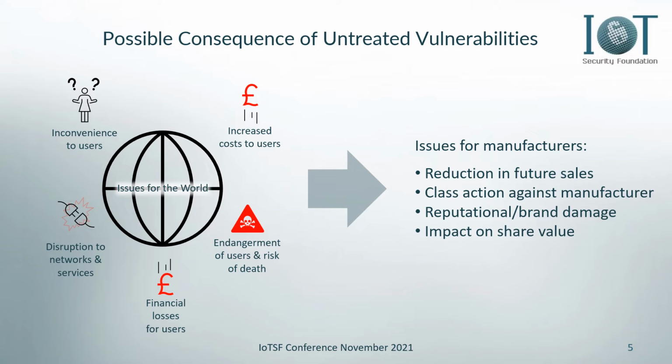But the knock-on effect from these for the manufacturer could be reduction in future sales, class action against the manufacturer, reputational or brand damage, and impact on share value. If you consider the high street both inside and outside the consumer electronics world, big name brand survival is based upon products that are trustworthy, where customers get good service from the stores.